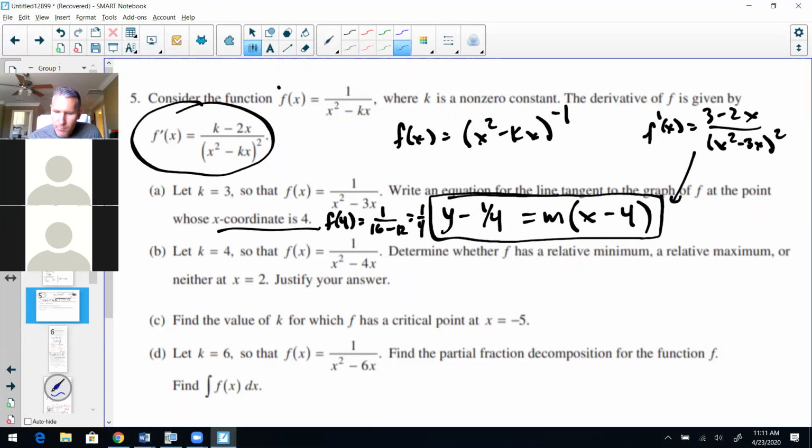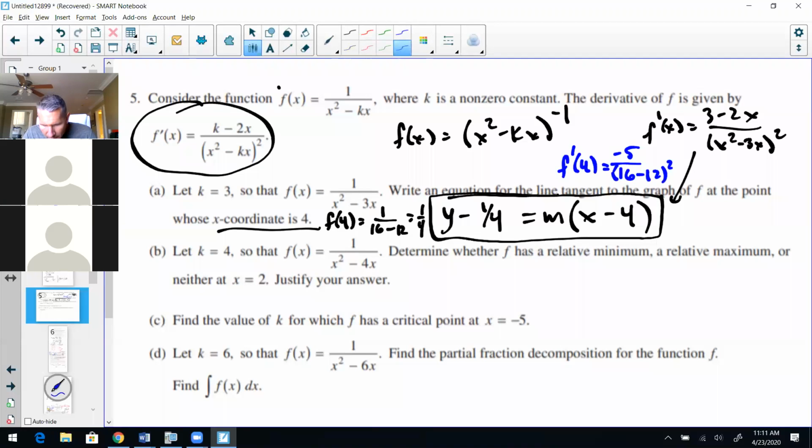So f prime of 4 is 3 minus 8, so negative 5 over, and let's see, when x is 4, we have 16 minus 3 times 4 is 12, quantity squared.